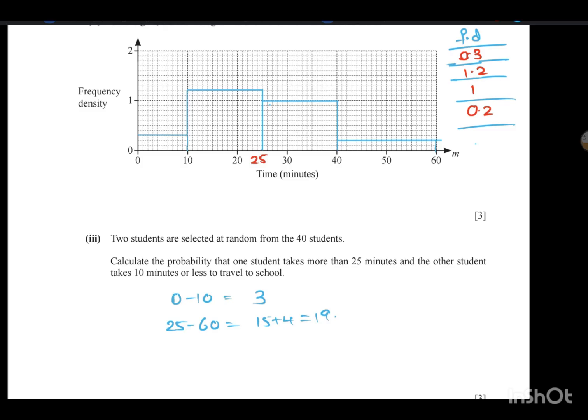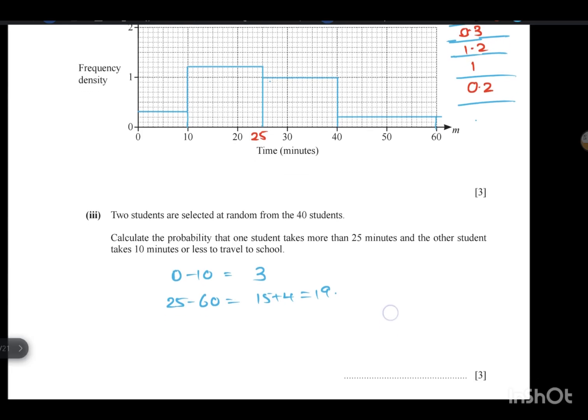Now the probability for the student who took more than 25 minutes will be 19 by the total number of students, that is 40. Then the next student should be taken out of 39 students, these 3 students who took less than 10 minutes. So this will be the probability if the first student is out of those who took more than 25 minutes.